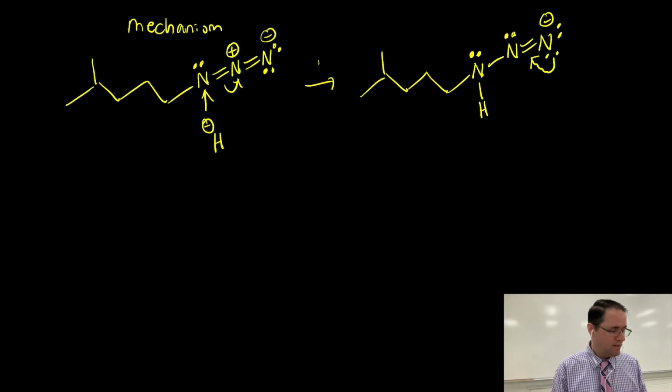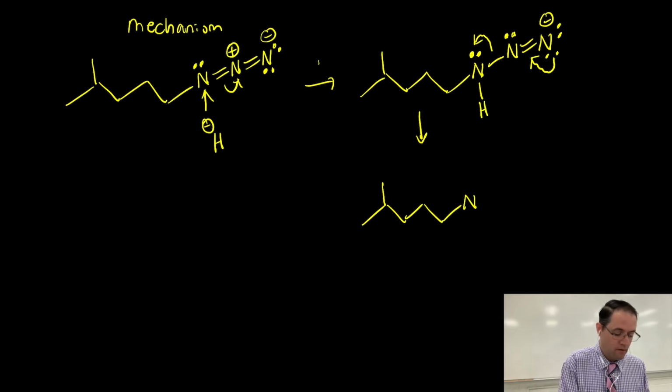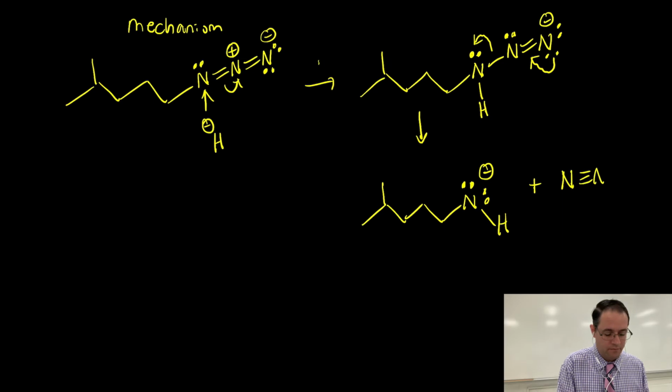And now what happens at this point is that nitrogen leaves. Nitrogen is like the pinnacle of best leaving groups, okay? So if we draw the reaction that looks like this, we can generate something that looks like this, okay, with a negative charge there, and nitrogen.